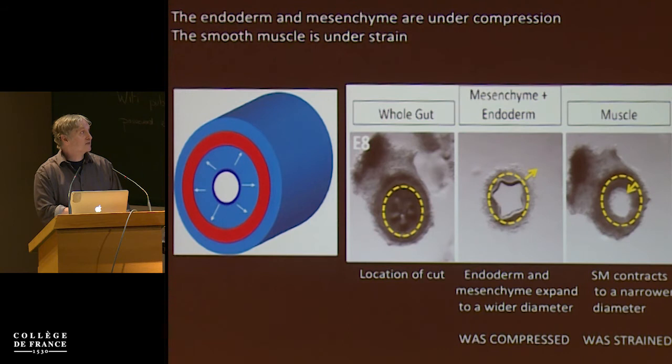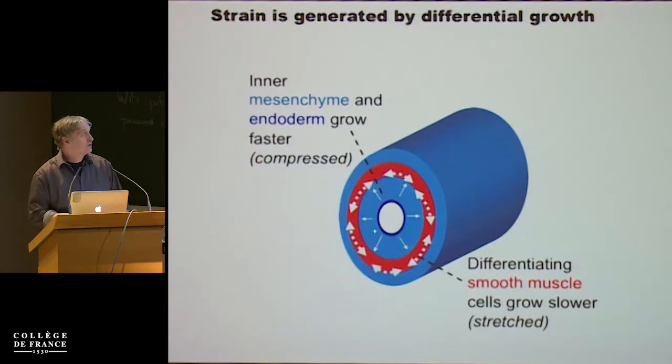So one way to test that would be to drive a high level of growth in all the cells. You can misexpress various oncogenes or growth factors that will drive high and uniform proliferation throughout the tissue. This is just a cartoon of what I just said: if this is normally growing faster, it's compressed, and this is growing slower, so it's being stretched.